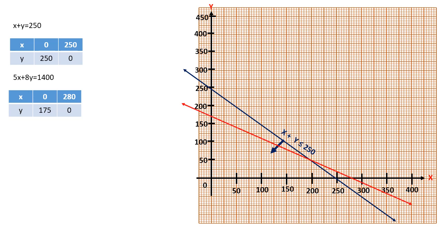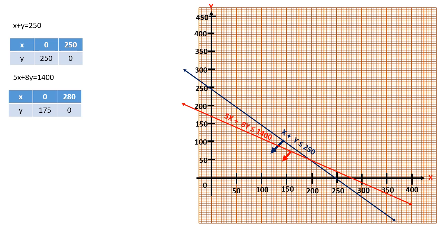So just plot the points and draw the line, and we will go for verification with 0, 0. If you put 0, 0 here, the left side will be 0, 0 less than 1400, a true statement, and the region below is wanted. Label the region 5x plus 8y less than or equal to 1400. Then x greater than or equal to 0, y greater than or equal to 0, both will satisfy the first quadrant.